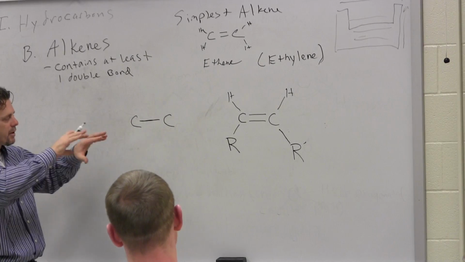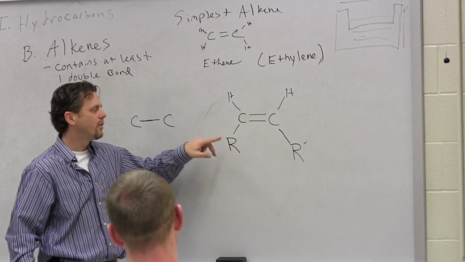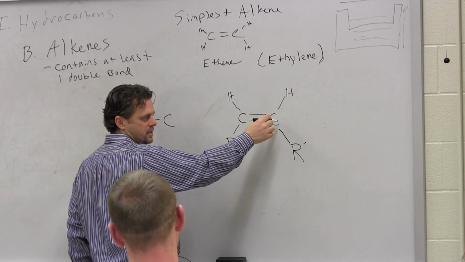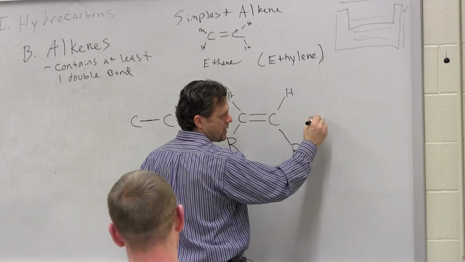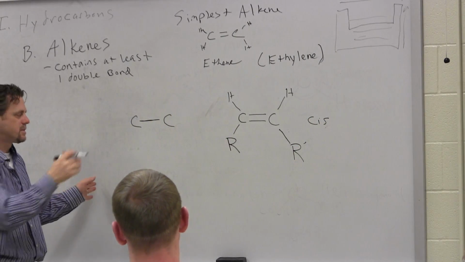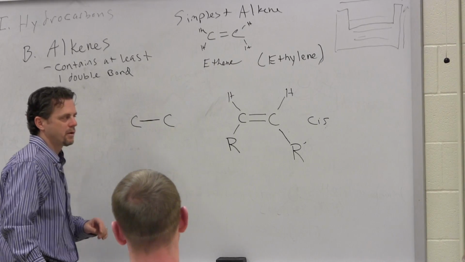Two big carbon groups on the same side of this double bond is called a cis relationship, and that would be put in the name, so cis, whatever the name of the molecule is.